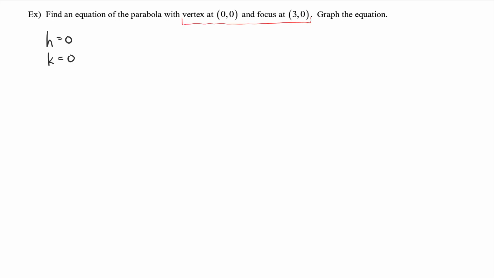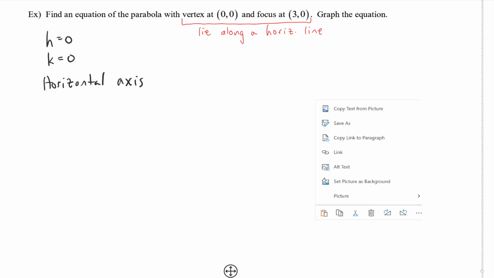So these lie along a horizontal line, so we have a horizontal axis. And then (0, 0) and (3, 0) are 3 units apart.